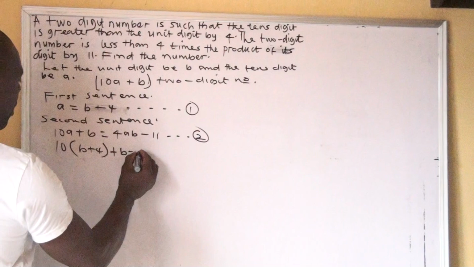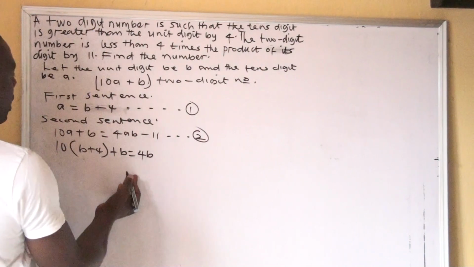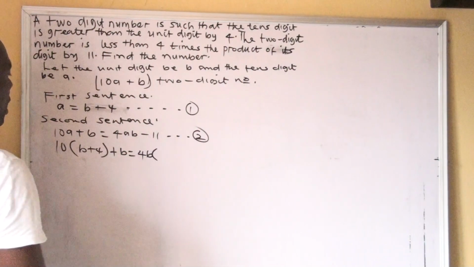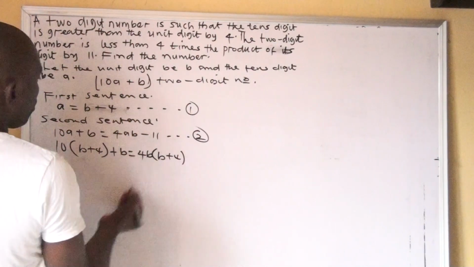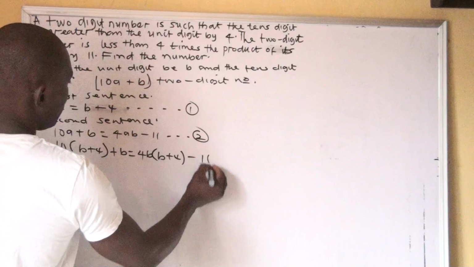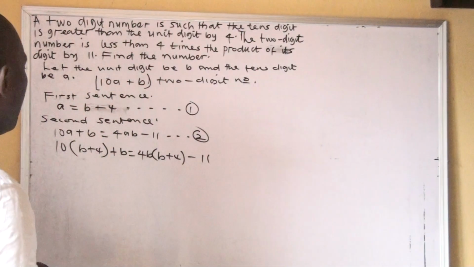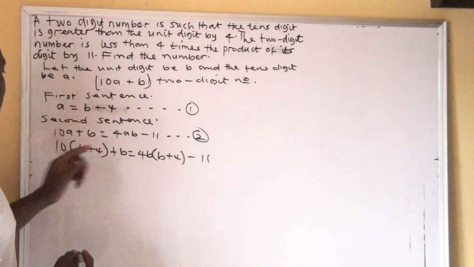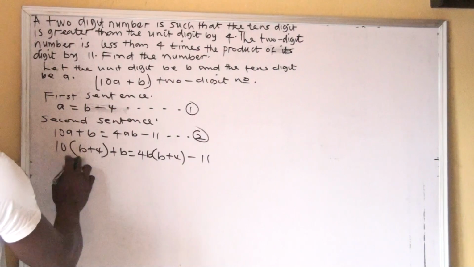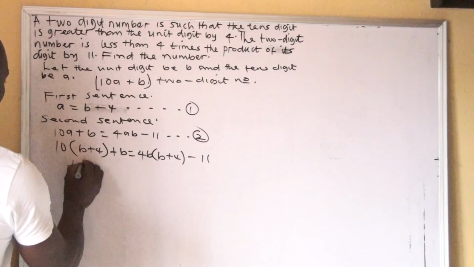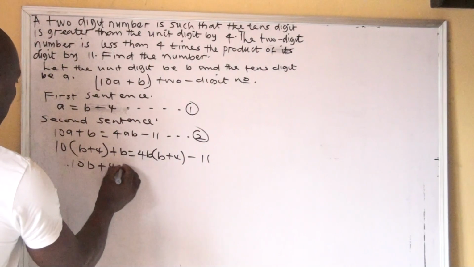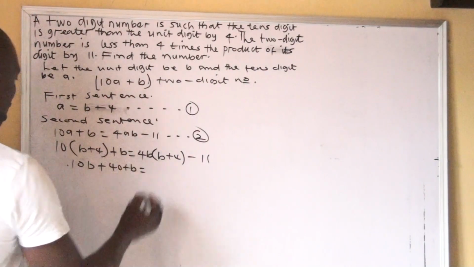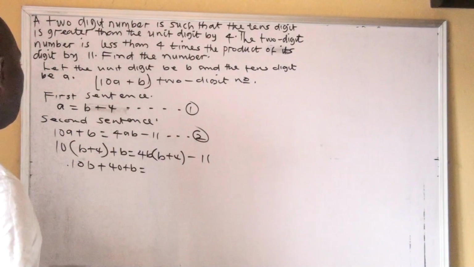On the right hand side we have 4B, in place of A we put open bracket B plus 4 close bracket, minus 11. Now we're going to open the bracket. 10 times B gives us 10B, 10 times 4 gives us 40, plus B. We're done with the left hand side.